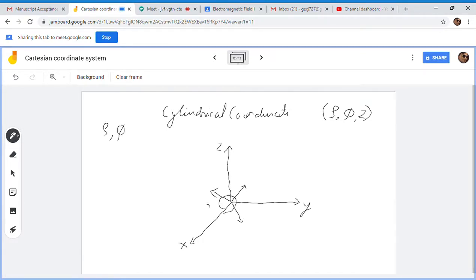If you have to move in the radial direction, as well as in this angular direction, then what you will get is a circle, not a circle, it will be a disc. Sorry, I couldn't get it properly.